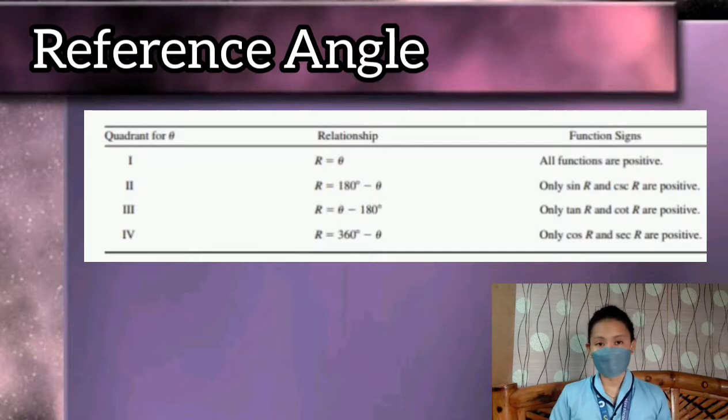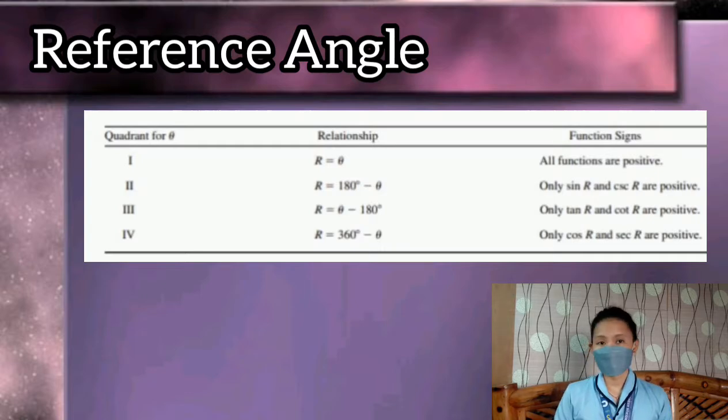For quadrant 3, that is angles that lie between 180 degrees and 270 degrees. The reference angle formula in degrees is angle minus 180 degrees. And in quadrant 3, only the tangent and the cotangent are positive.